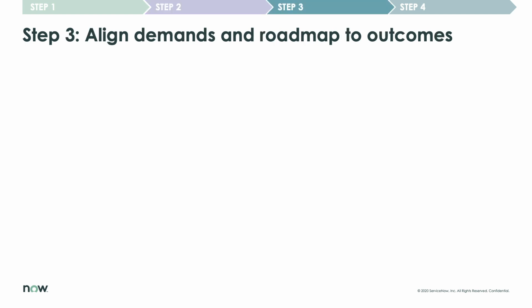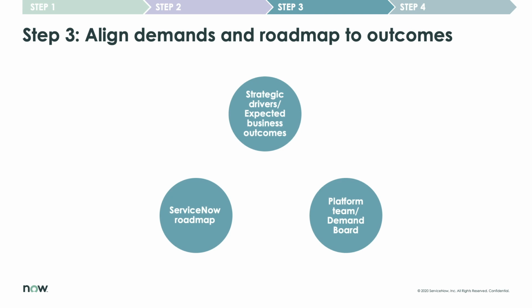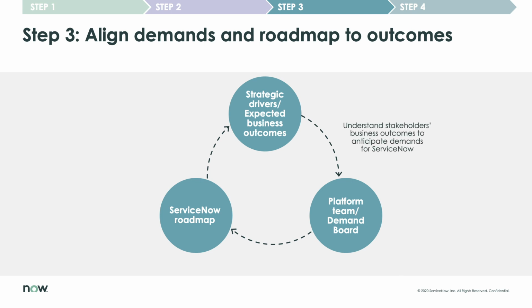Once you have a demand process established, the next step is to mature your process from demand intake to continuous demand shaping. In other words, moving from a wait-and-assess approach to proactively anticipating and shaping demand for ServiceNow capabilities.